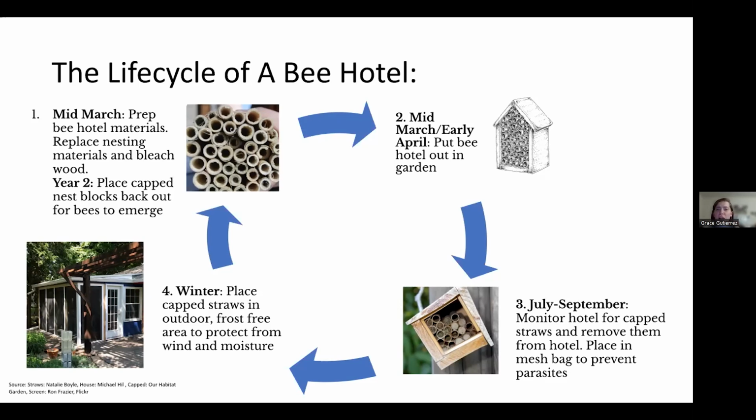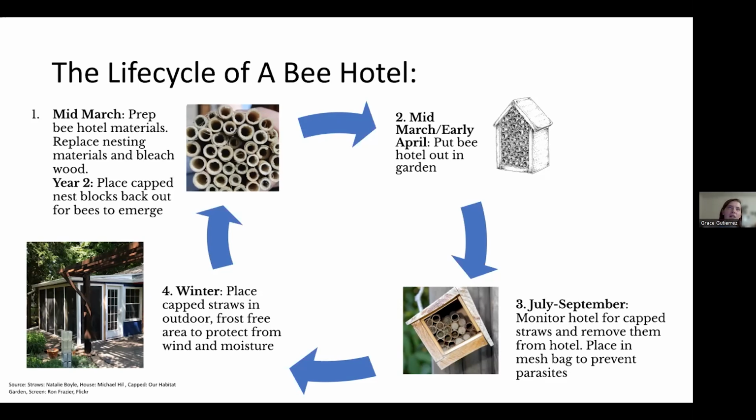That can either be a screened-in porch or an unheated garage. It's essentially to protect them from the elements, from frost, from wind, from snow, all these things that could potentially damage the bee hotels, whether through ice damage or mold or wet, those are never good. And also to protect them from predators.